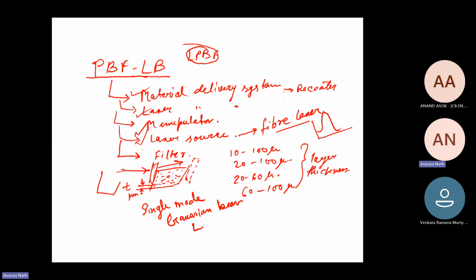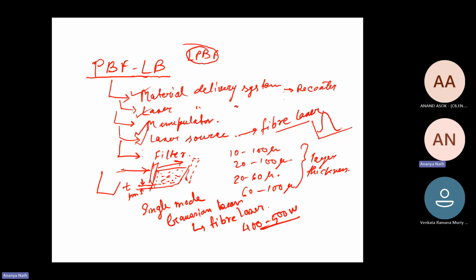That can be done easily with fiber lasers. In fiber lasers, we don't go for very high laser power, we go for a maximum of 400 to 500 watt, which is low cost as well. We integrate it with the F theta lens and galvo scanner and get the laser. So the laser source is done.